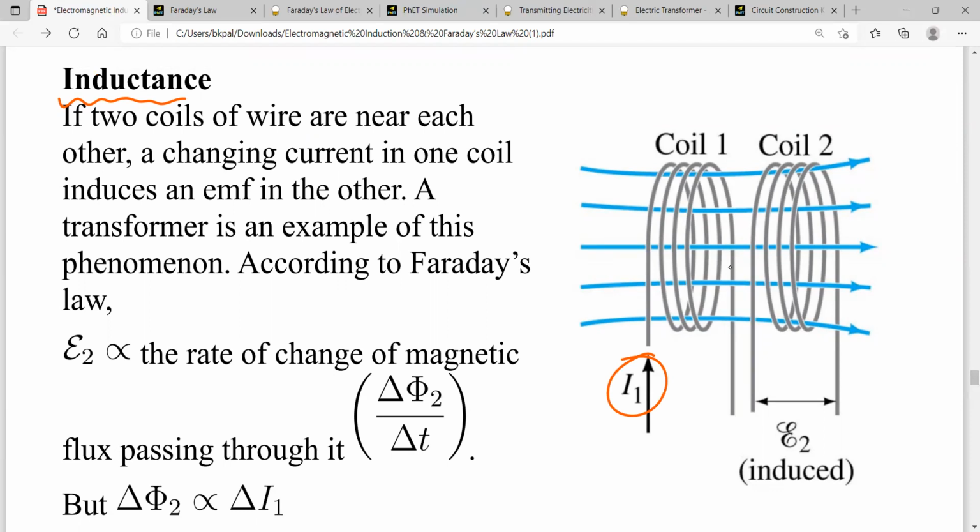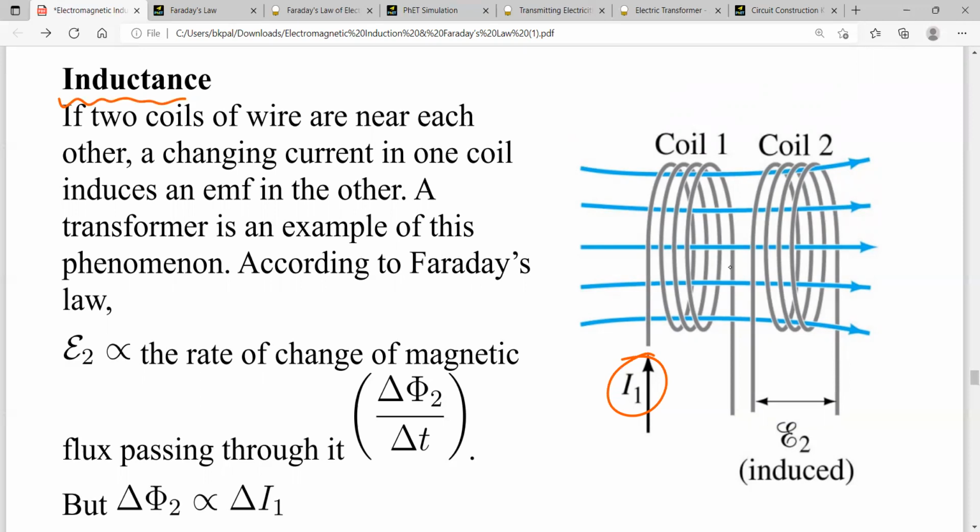But let's say it's not a DC current, it's an AC current. AC current means the current changes 50-60 times each second, and because of that the magnetic field changes 50-60 times each second. What does it mean?